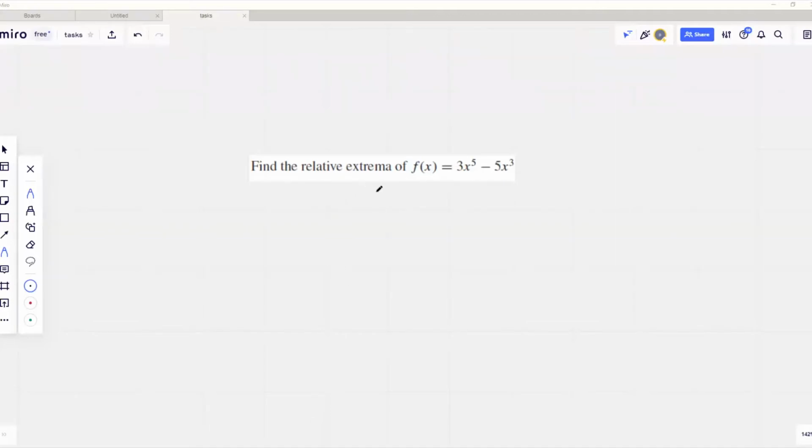Let's find the relative extrema of the following polynomial, and let's try to apply the second derivative test this time. So first, let's find the first derivative. This is 15x to the power of 4 minus 15x squared, which is further factored out as 15x squared.